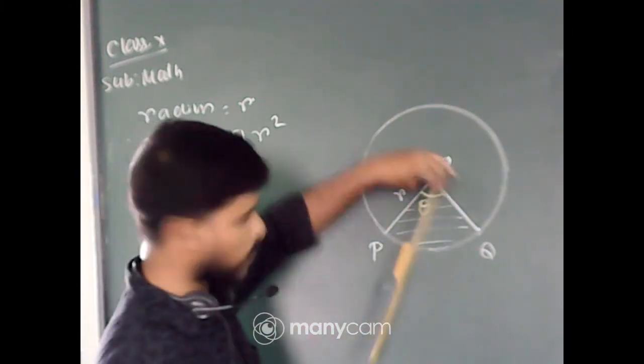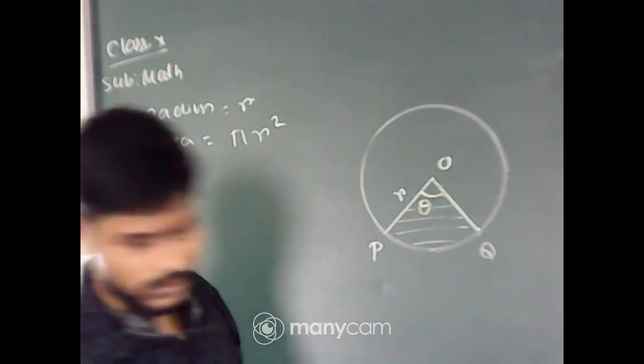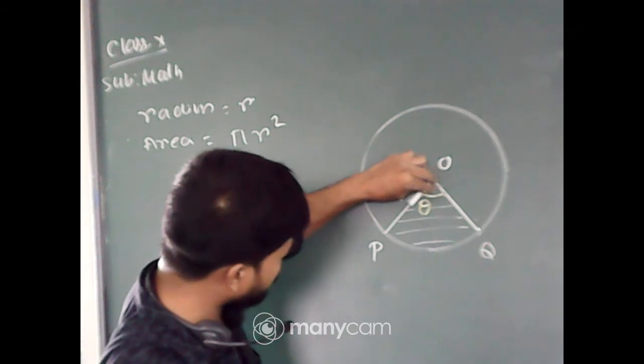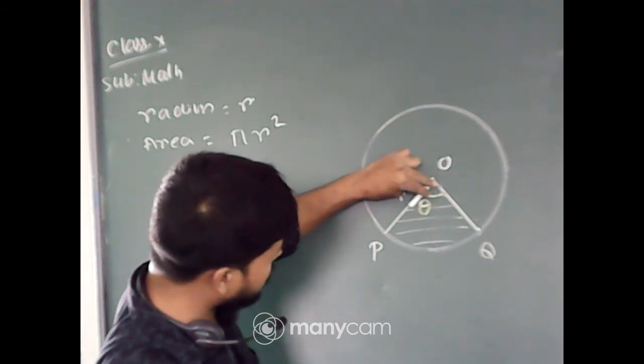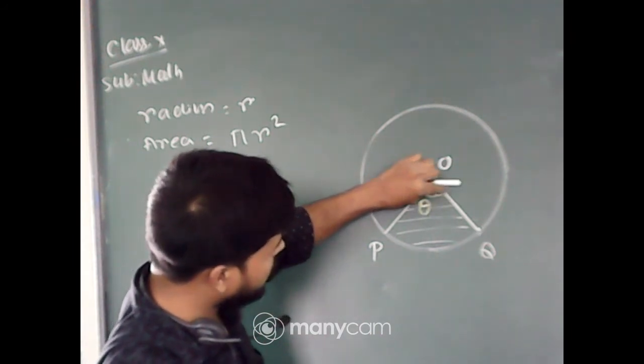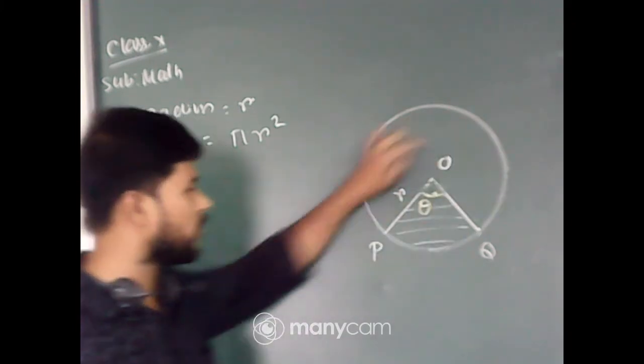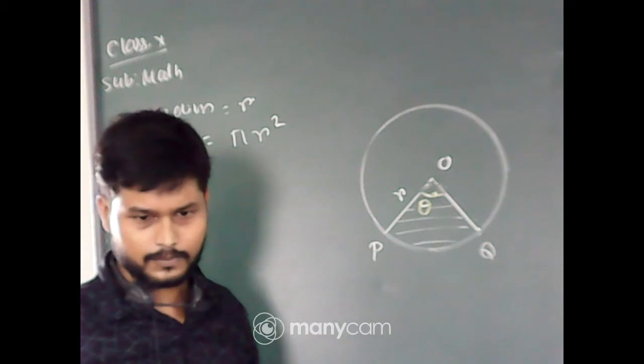Let me take a chalk. This is the radius OP. If I rotate this radius through 360 degree angle, it will cover the total area, isn't it?